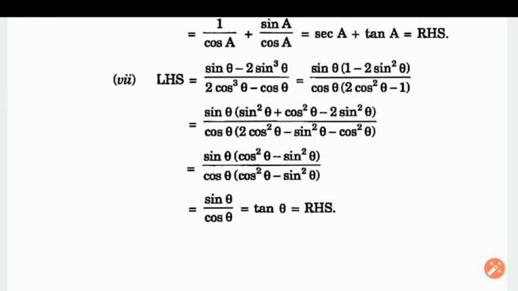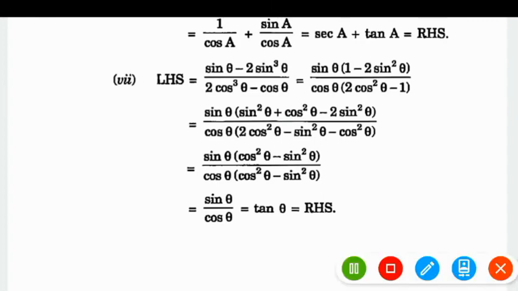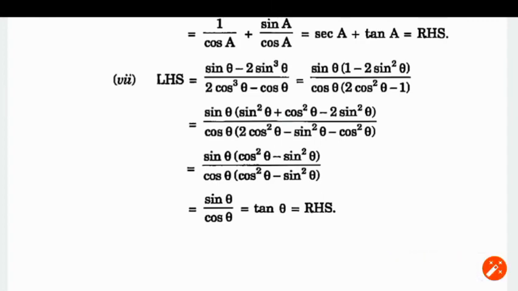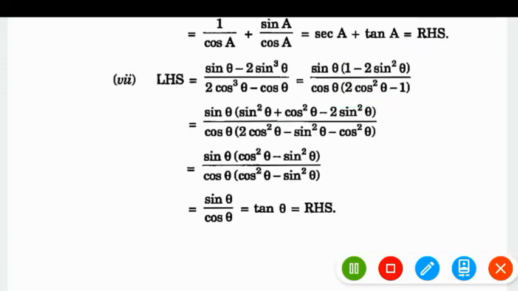So after taking sin theta common from the numerator and cos theta common from the denominator, we have this term. Now see, let me tell you, these two terms we have now, 1 minus 2 sin square theta and 2 cos square theta minus 1, both are the same.